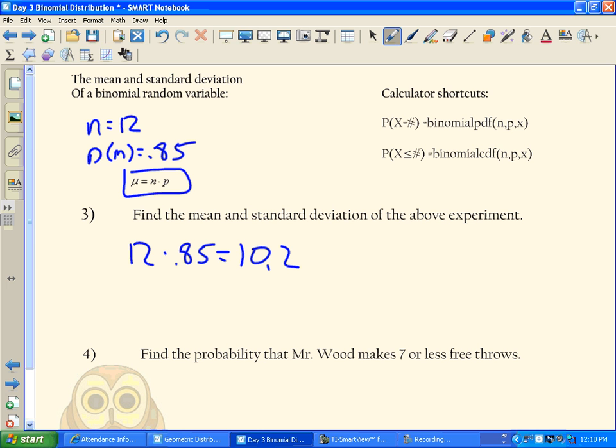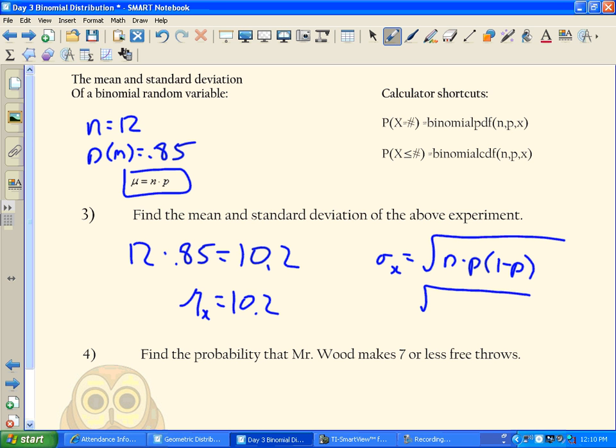Standard deviation, that's now our mu x, what we call it. That's our expected value. We know when I shoot 12 free throws, I can't make 10.2. I can make 10, I can make 11, I can make 12, I can make 9, 8, 7, 6, but I can't make 10.2. The standard deviation is the square root of n times p times 1 minus p.